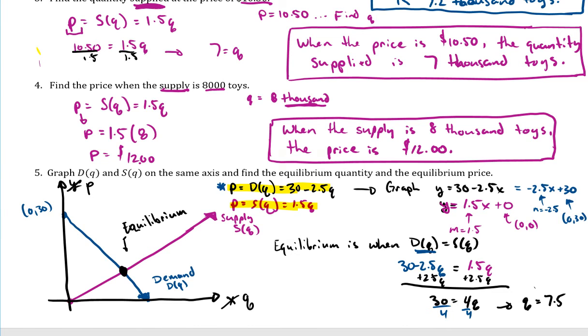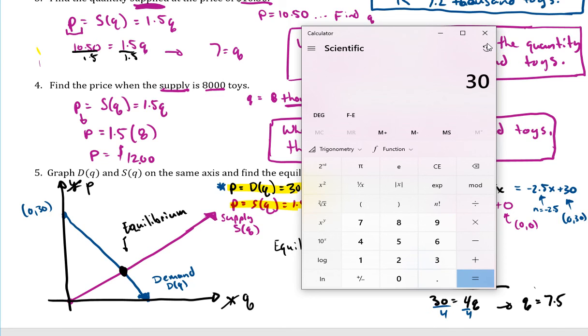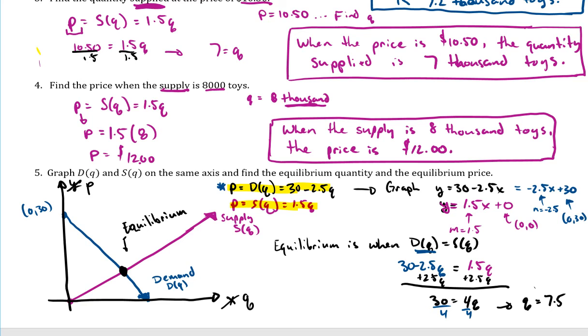Actually, let me verify real quick. 30 divided by 4, 7.5. Okay, yeah, so 7.5. That is our Q. Remember, Q represents the x. So for now, I'm going to write it as 7.5, comma. And then let's get our y-coordinate, which again in this problem is really a P value.